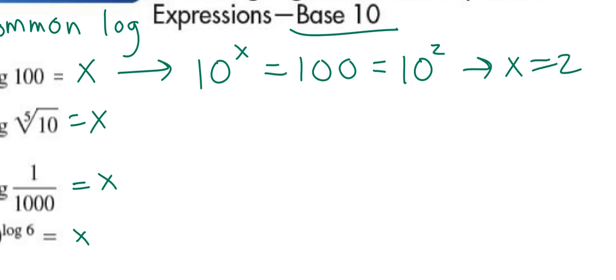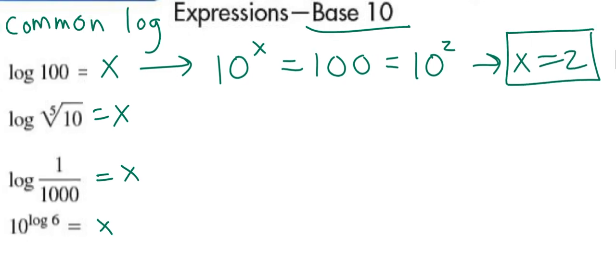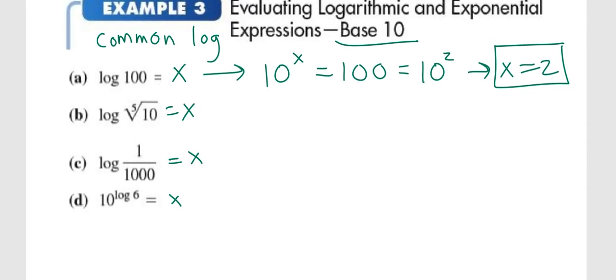X equals 2. 10 to the 10th equals 1,000? Ouch. Pull the dagger out now. No, you're pushing it deeper. So that's 1 with 10 zeros, okay? So, all right.